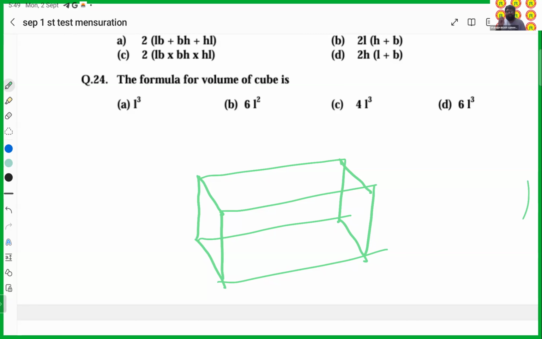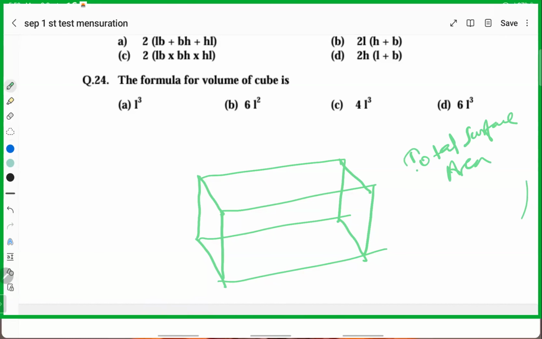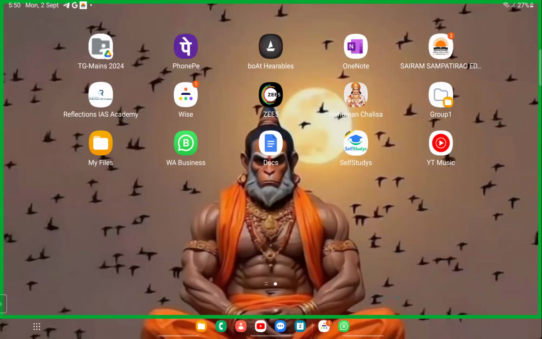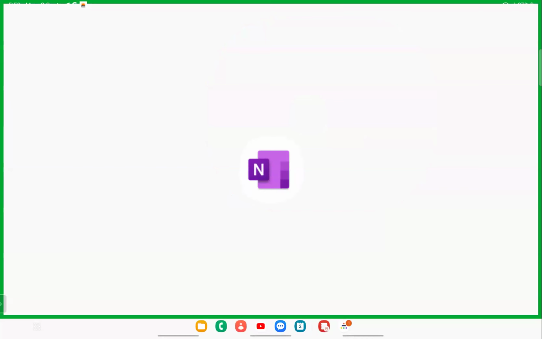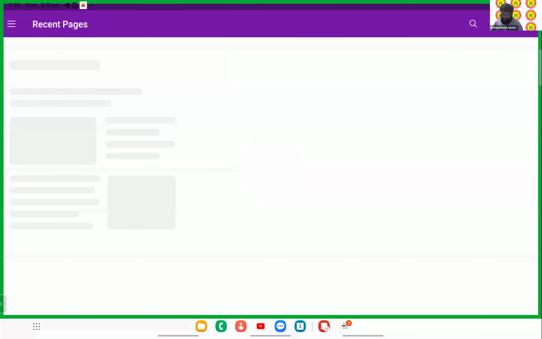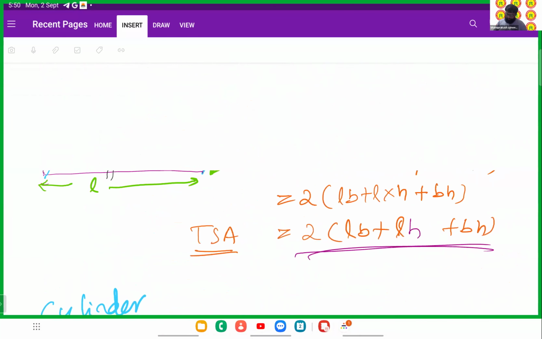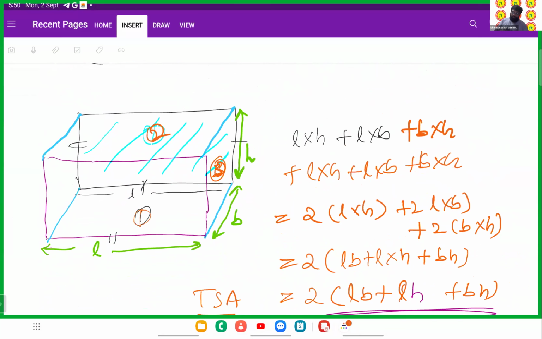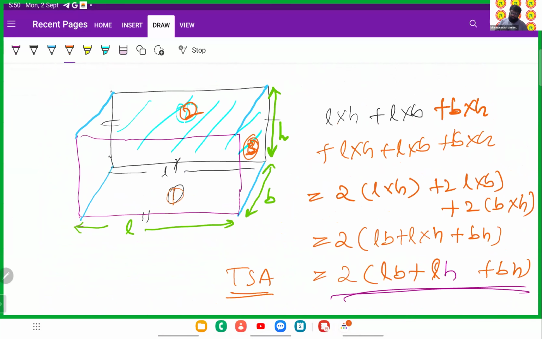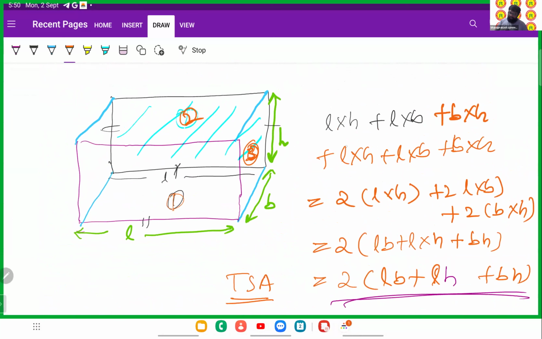Then we get the total surface area. Yes or not? Yes, sir. Just a moment, we discussed that. I will show you. So here, in total surface area, we are considering length into height, length into breadth, breadth into height.